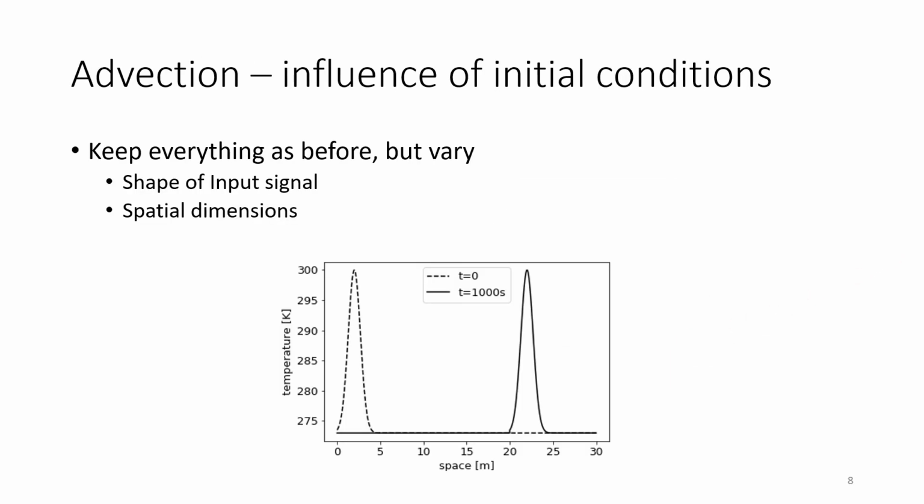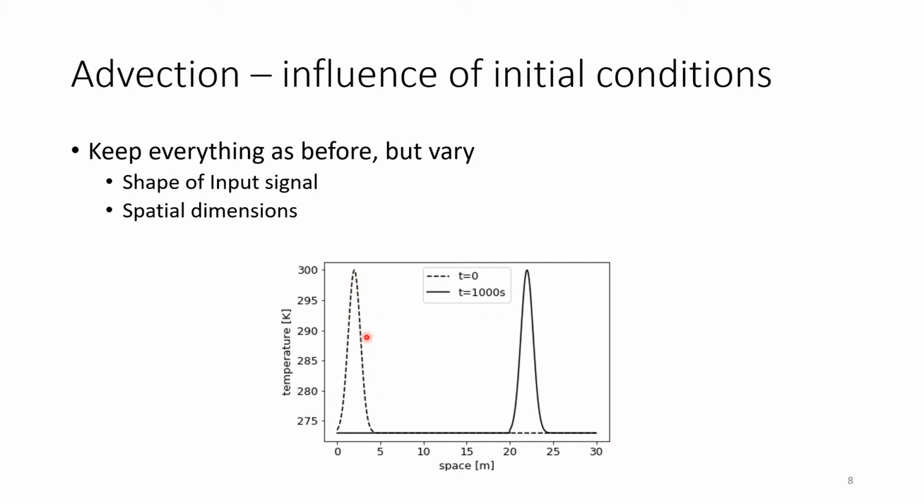Another important fact is, I want to show the influence of the initial conditions. I do everything similar to before. I'm only changing two points: the shape of the input signal and my spatial dimension. It's the same time scale. I'm just changing my spatial scale, and I'm changing my velocity accordingly.